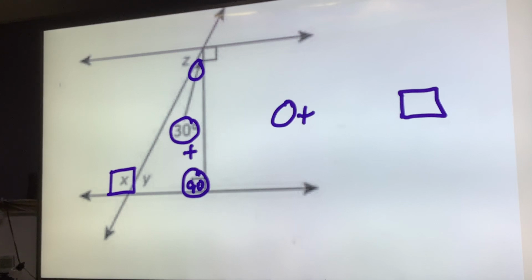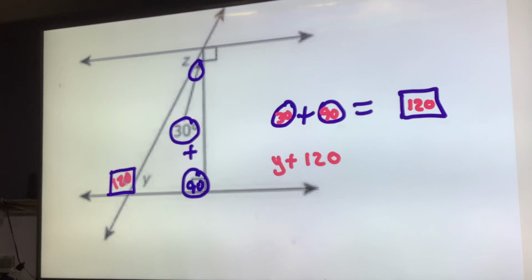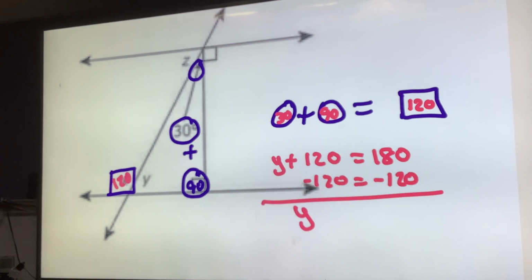So I can do what we did yesterday, and I could say, okay, that is 30 plus 90 automatically gives me 120. Okay, that was simple. Then you could still do the 120. Y plus 120 equals 180. And I know I have subtract 120, subtract 120, and I get y equals 60.